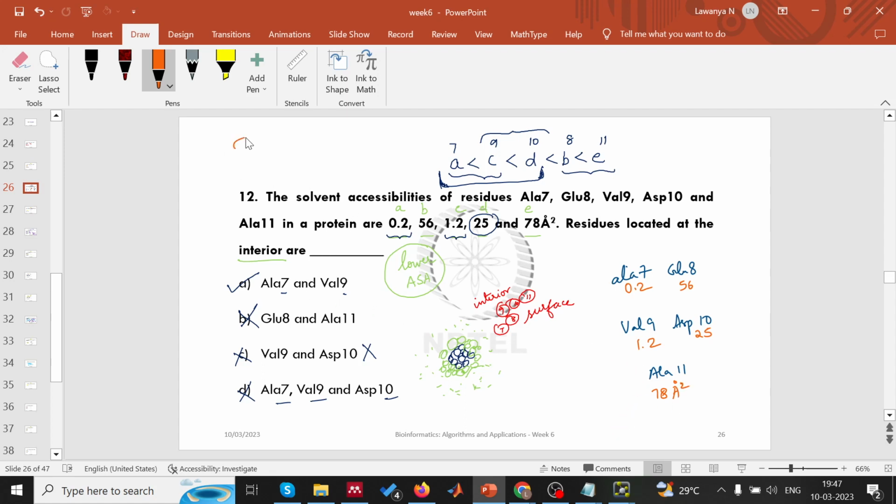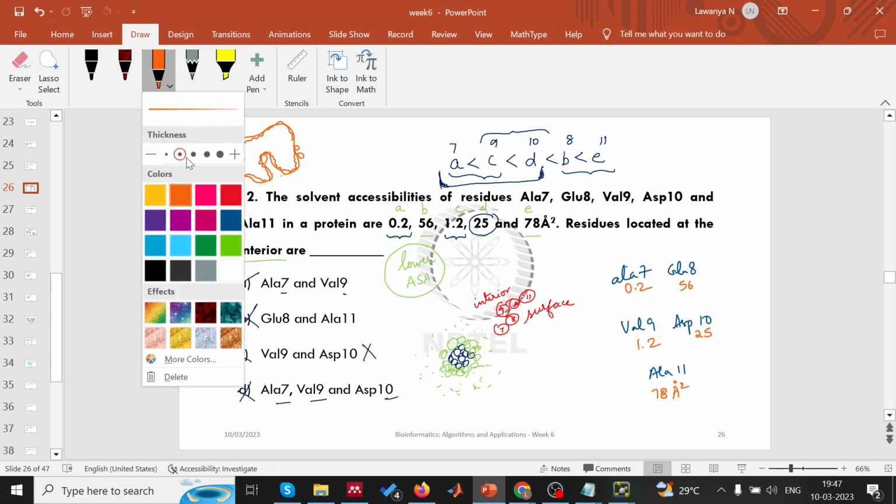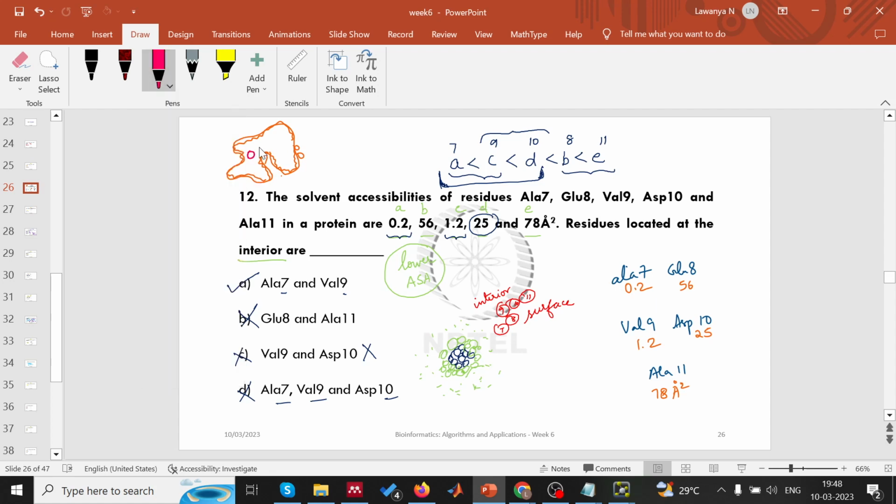So if a protein is like this and it is composed of residues all around it, it's a 3D structure, so these regions are all accessible. Here you might have a greater surface area exposed, here you might have less, but these are all exposed, so the accessibility is more. But think about a residue which is somewhere in the interior.